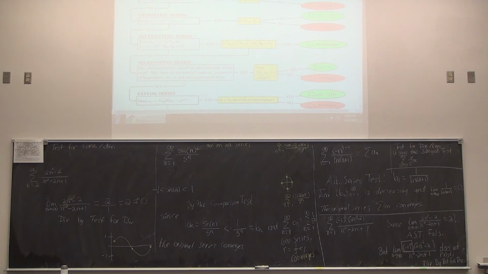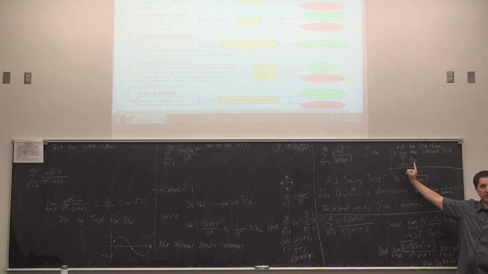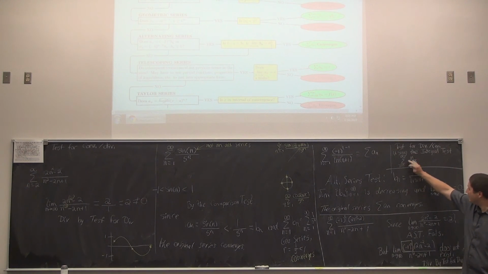So if I want to test that for convergence / divergence by the integral test, we usually would check all the hypotheses that this function is going to be continuous, positive, and decreasing on the domain from 0 to infinity, just because I chose 0 for some weird reason, or 1 to infinity if it was that. But you don't necessarily have to check those conditions because the problem already said use the integral test.